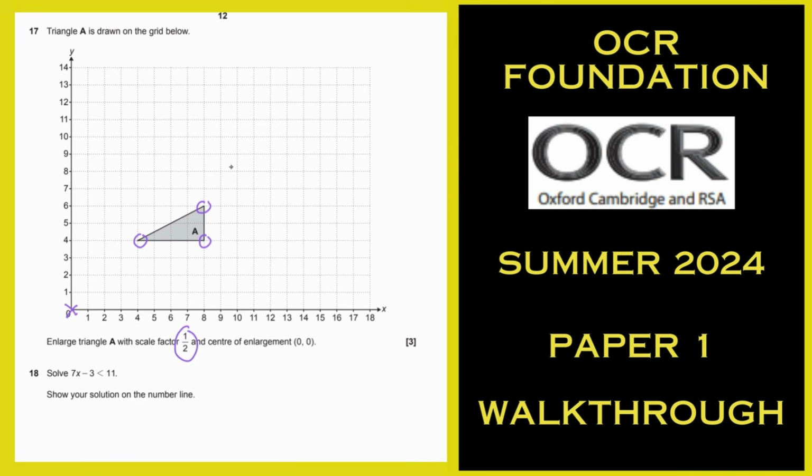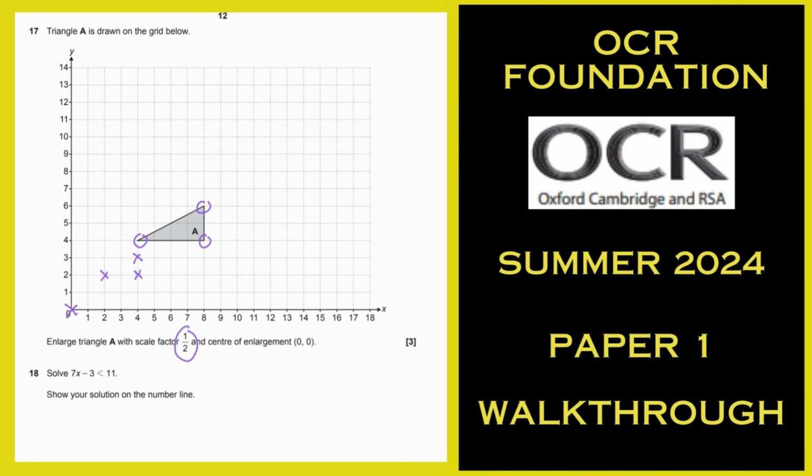It becomes 2 to the right, 2 up. This bottom right is 8 along, 4 up, halve it, 4 along, 2 up. And finally, this top right vertex is 8 and 6, halve the 8, halve the 6, and there you go.